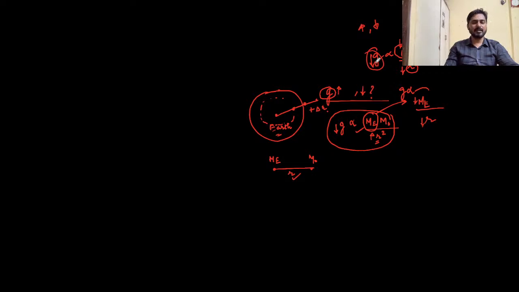Otherwise, what you would have thought is that because this radius is decreasing, this g should have increased, because we are decreasing the distance between Earth and the object. But it is not happening in that way. It is happening counter to that.